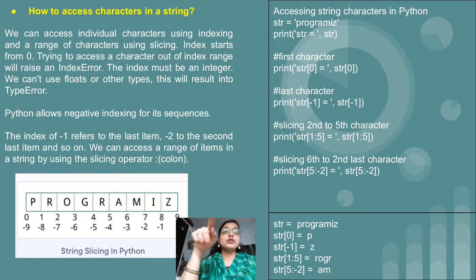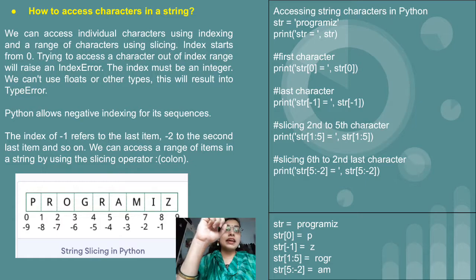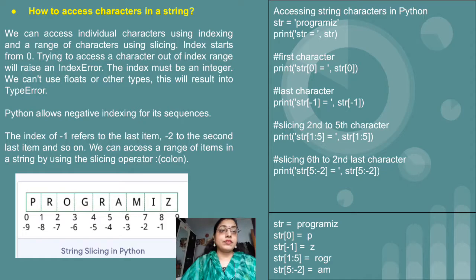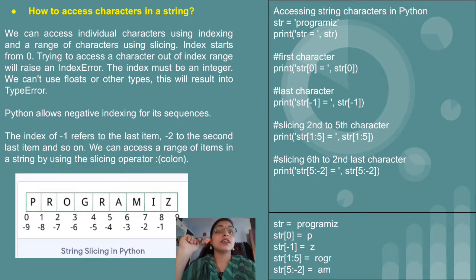We will start with 1, because 1 is the index number of the second character of the string. So that we have used, that is 1. After that 5, that is 1 to 5 means, now just see R O G and R. R is the character which is present at the 5th index, so that will get displayed if we are writing 1:5. Okay, so if we are writing 1:5, we will be having index in that manner only.